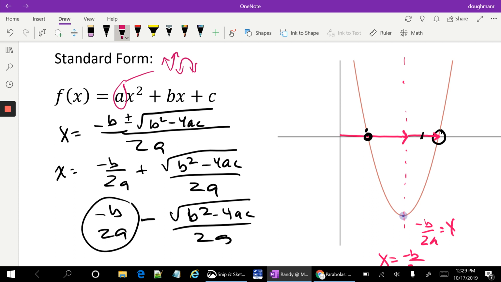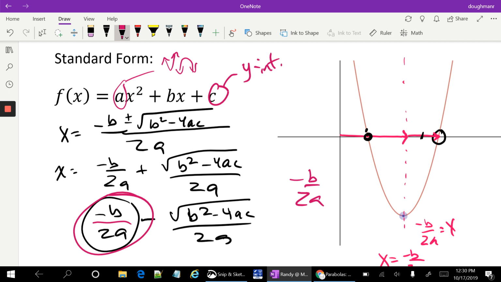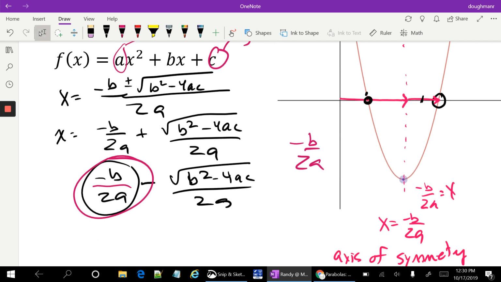Does the graph open down? Is there a stretch? Is there a shrink? c is the y-intercept. And if we do this calculation, negative b over 2a, that is the line of symmetry, or the x value of my vertex.